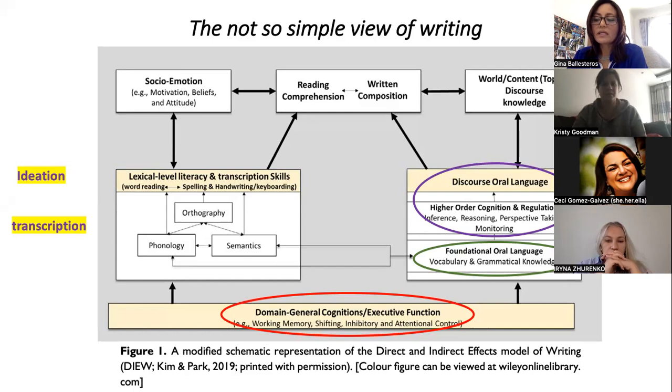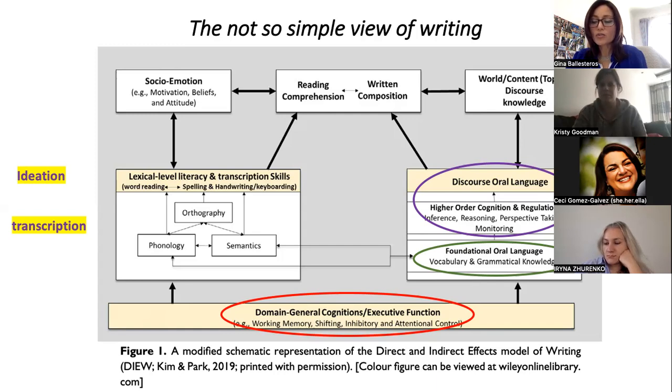Oral language is a key skill for the ideation component of the simple view of writing and the text generation component of the not so simple view of writing, because generated ideas must be translated into oral language before they are transcribed into written input. I read two research papers and attended a conference where Kim and Park, the researchers of this paper, examined the relation of discourse level oral language skills to reading comprehension and written composition.